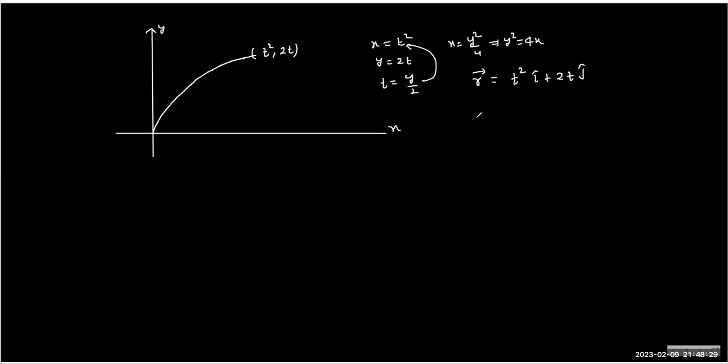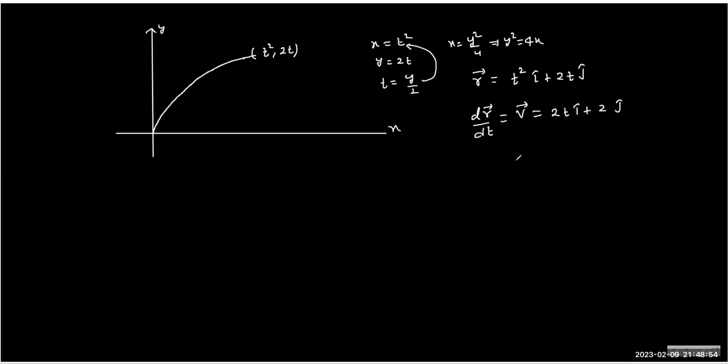So if I differentiate the position vector, what I'll get? The rate of change of position vector is called velocity. That's the simple definition. So it will be the v vector, which is 2t i cap plus 2 j cap.